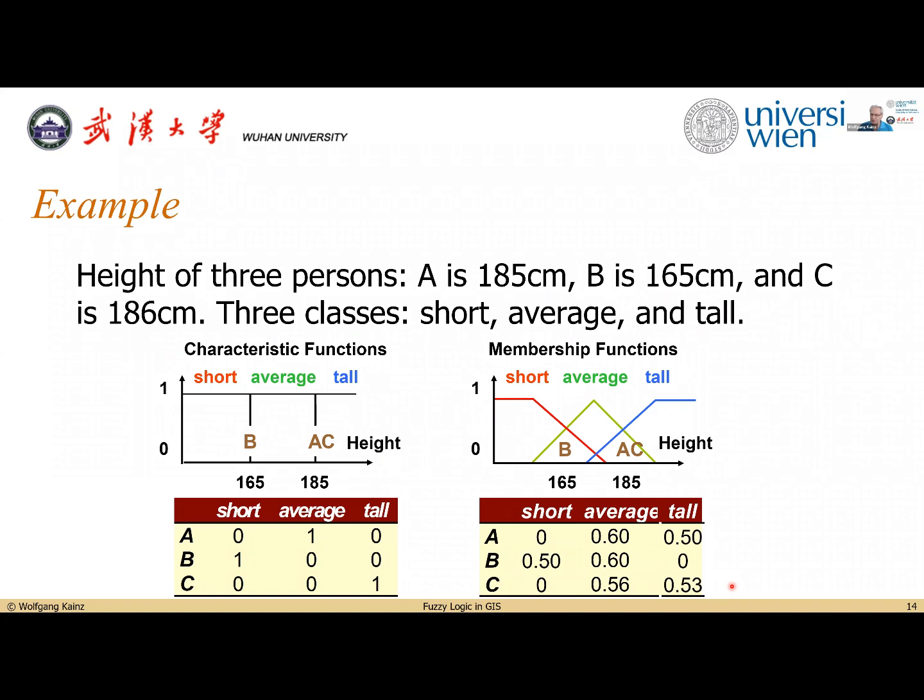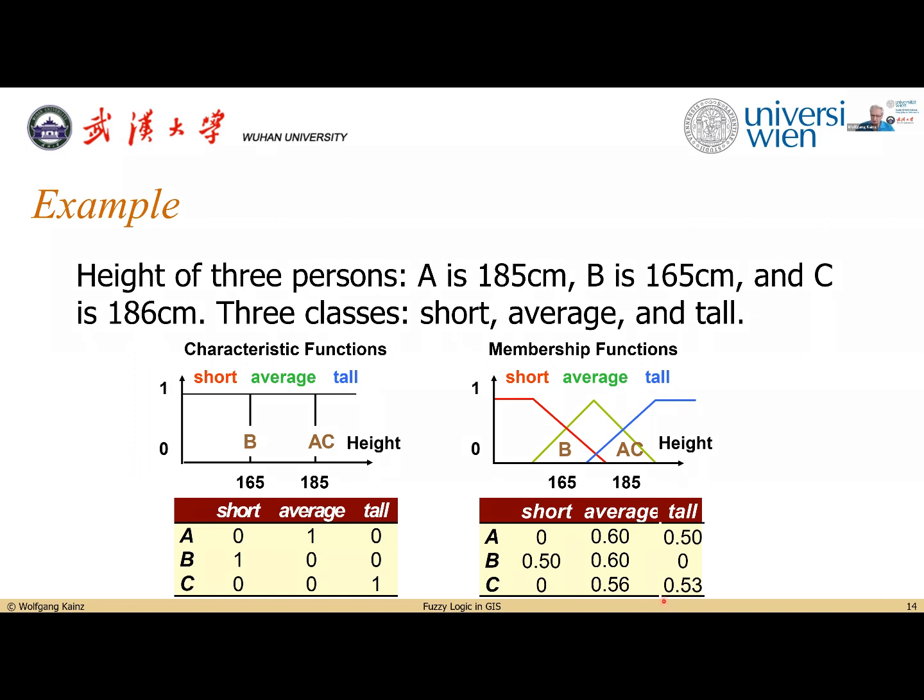So in other words, the class boundaries are not sharp anymore. The class boundaries are in a way fuzzy and allow us to a much better degree to express that fuzziness, like in our example here, person A and C, that are nearly the same height, and we can see their membership to the classes average and tall.